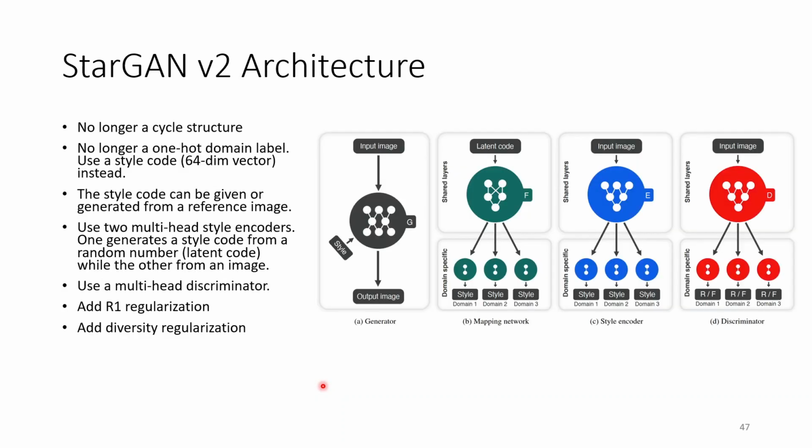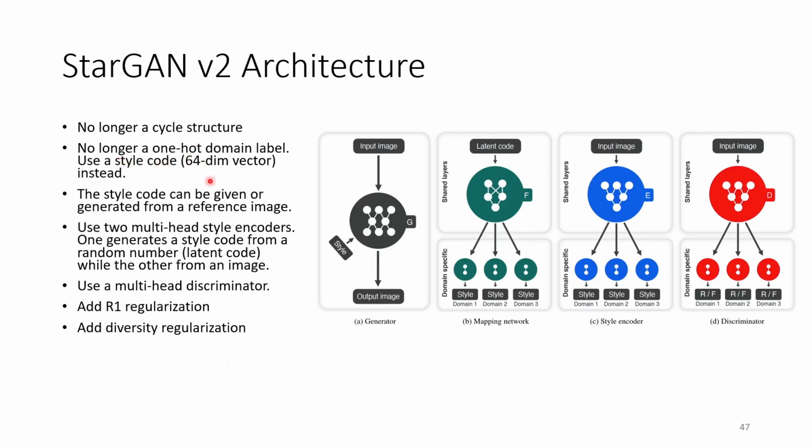So let's take a look at the StarGAN v2 architecture. What's the difference compared with StarGAN? First, there's no cycle architecture. They took it away. And there's no one-hot domain labels. They use a style code.